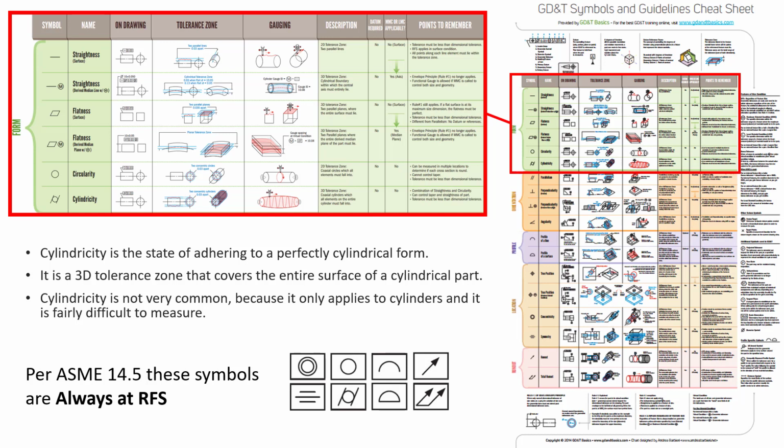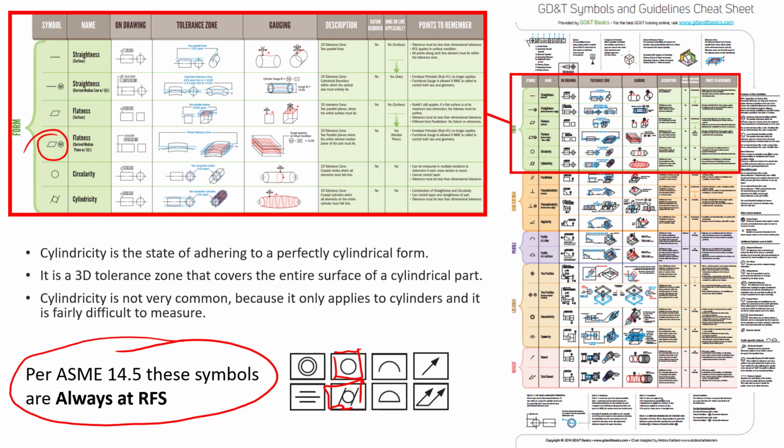If you come down here to the very bottom, per ASME Y14.5, these symbols are always at RFS, and they have circularity in here, and they have cylindricity in here, but they do not have flatness. So up here we've got flatness on a derived median plane, and they do not include straightness on there because we have straightness on a derived median line.